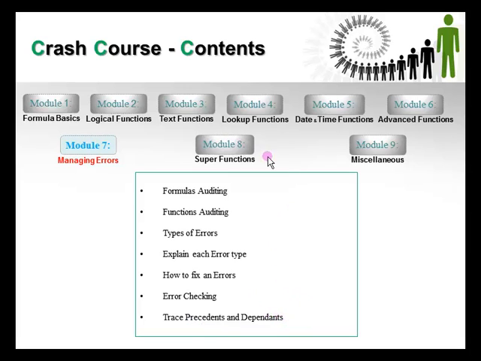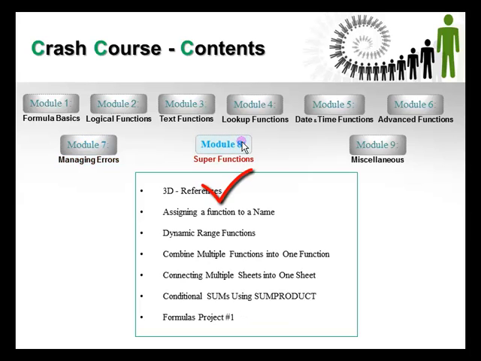Okay, and we'll move on to module 8. This is super formulas, super functions, which include 3D references, assigning a function to a name, dynamic range functions, combining multiple functions into one function, connecting multiple sheets into one sheet, and conditional sums using sumproduct.